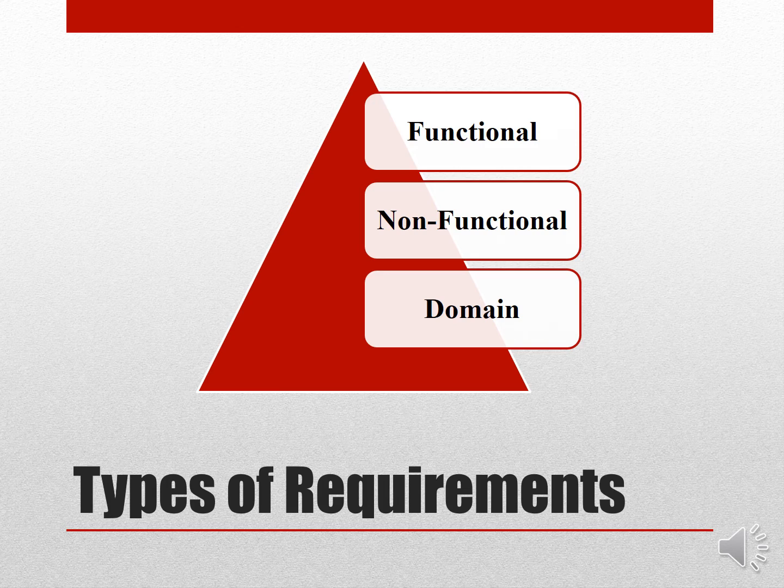It is written for customers. The system requirements are structured documents that give the detailed description of the system services. It is written as a contract between client and contractor.